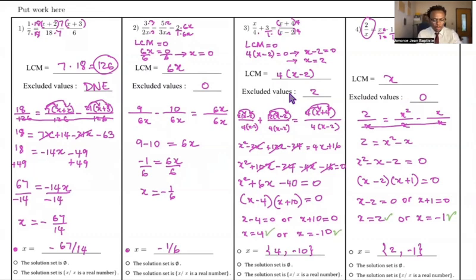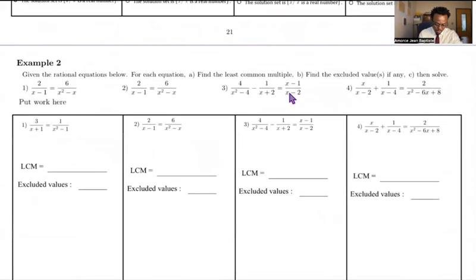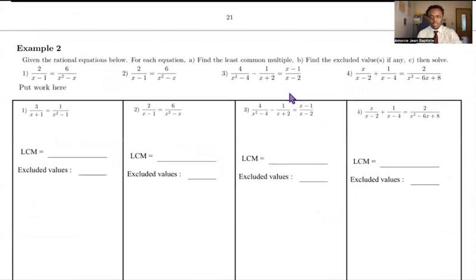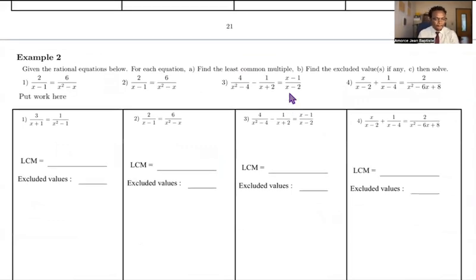We have a few more examples. Let's see if we can do them. They'll look more challenging, but it's the same process. All right. So for this one, we need to make sure we factor all the denominators.